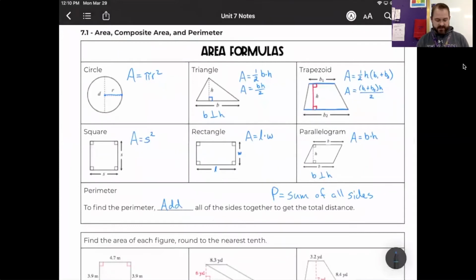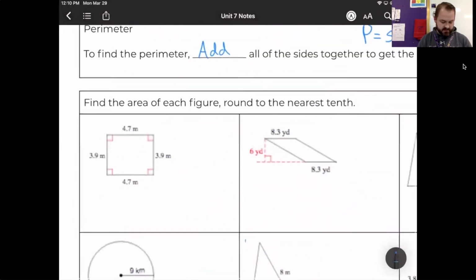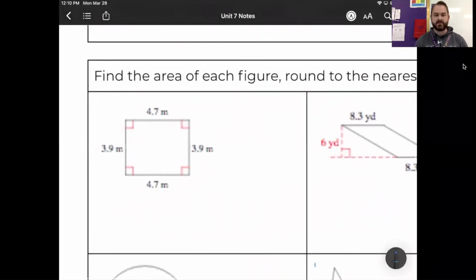Let's take a look at finding some area calculations with these shapes. Okay, the first thing you really need to do is identify what kind of polygon or what kind of shape you're dealing with. This is a rectangle. Okay, and the area formula of a rectangle is length times width. Okay, so this is my length, this is my width, or vice versa. Really doesn't matter which one is which.